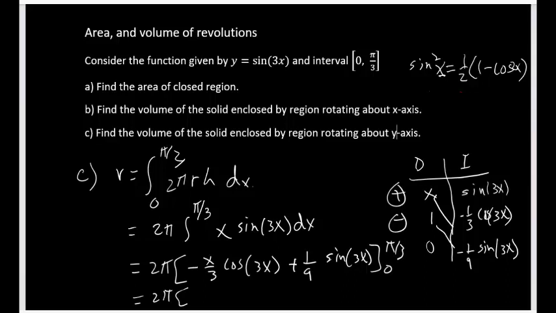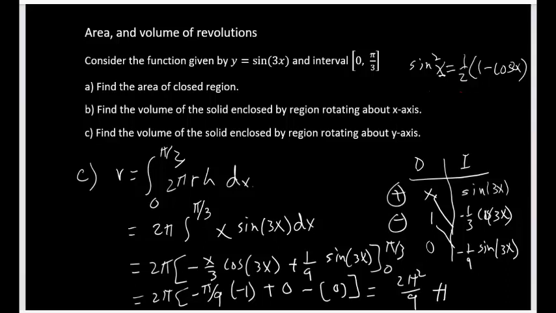When you plug it here, you get negative pi over 9, and cosine 3 times pi by 3 gives you cosine pi, which is negative 1, as you know, plus when you put pi by 3 here, you get sine pi, that is 0, and then minus, I put x equals 0, so that is also gone. And then your final answer is coming out like pi by 9 and then 2 pi, that gives you 2 pi squared over 9, and that's the final answer for this problem.